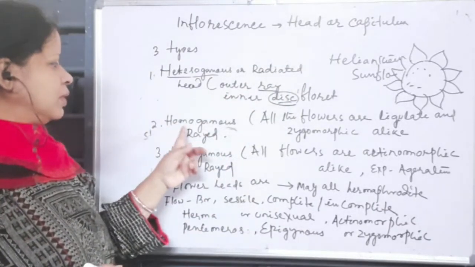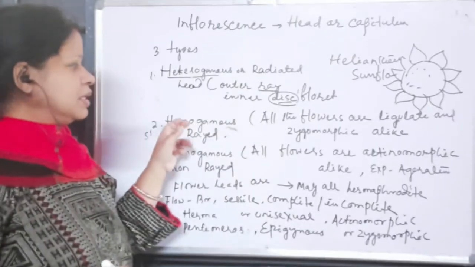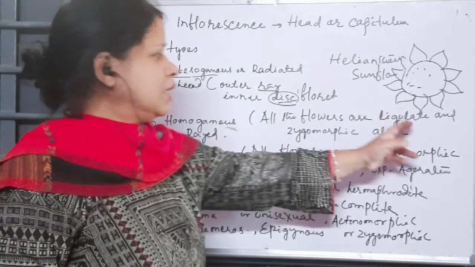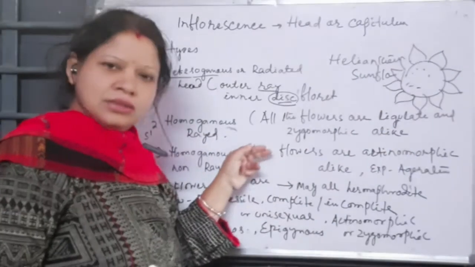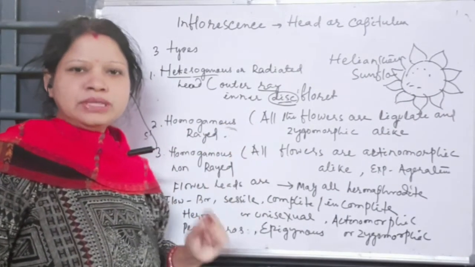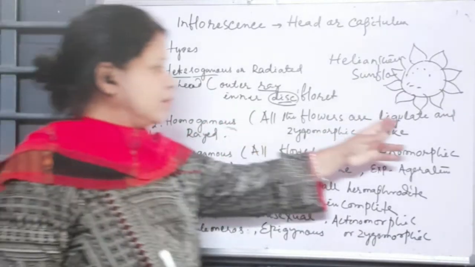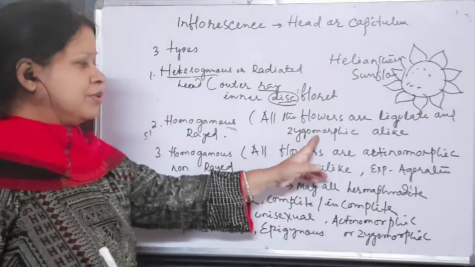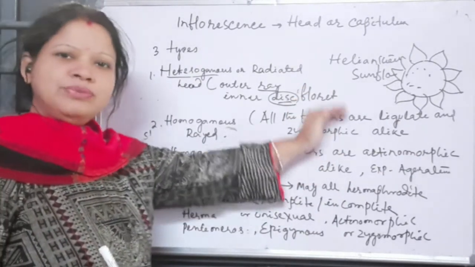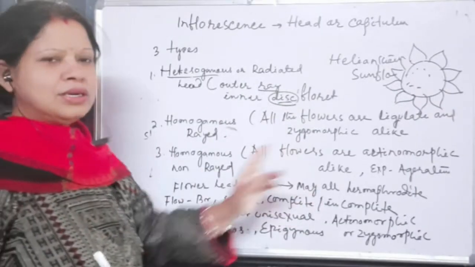Another is homogamous radiate head. Homogamous means all the flowers are ligulate and they are alike, and they are zygomorphic, having ray florets. Only the ray florets are there, having ligules, or they are zygomorphic flowers, and all the flowers are alike. There is no differentiation of ray floret or disc floret.